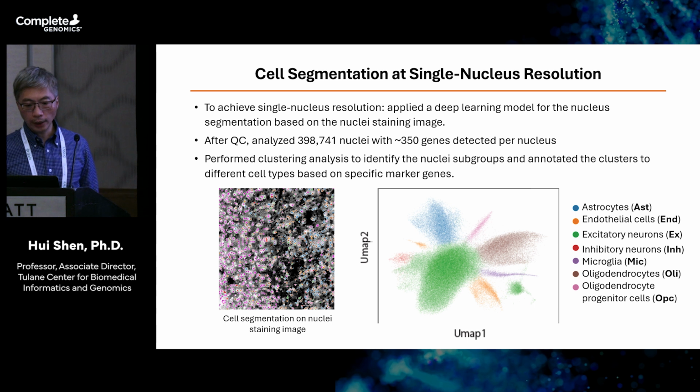After QC, we analyzed about 400,000 nuclei. Each nucleus contained about 350 genes detected. And we performed a clustering analysis to identify the nuclear subgroups and annotated these clusters into different cell types or nucleus types, as shown here.